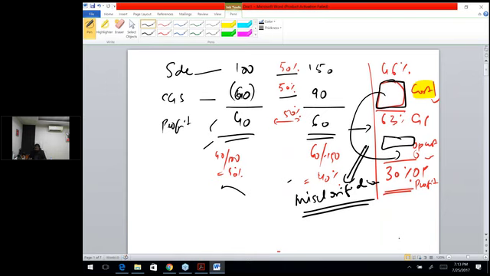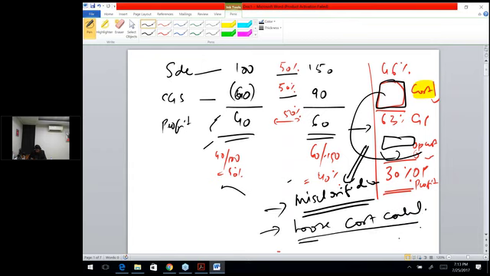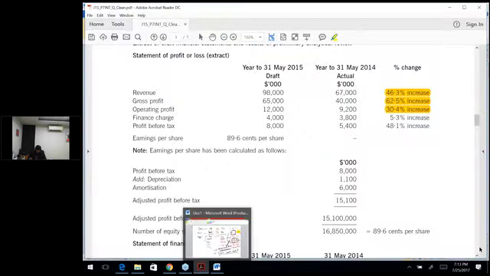The second problem that might happen is that the entity has lost cost control. So there could be misclassification and loss of cost control. These could be the two factors which might have resulted in this whole thing. Now let's move forward.